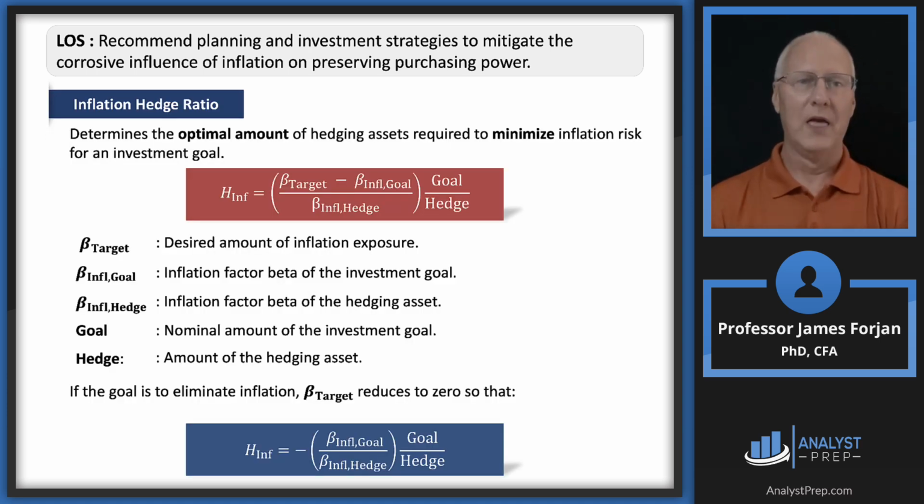So what we want to do is figure out what that optimal amount of hedging is going to be. So we're going to use what we did before, a little bit in combination with a hedge ratio. So notice on the left-hand side of the equal sign, we're going to call that the amount of the hedged asset, whatever that asset might be. And we'll talk about some of those possibilities here in just a second.